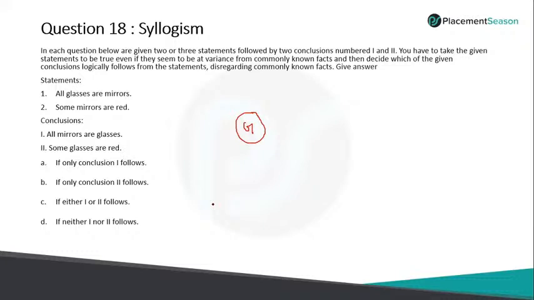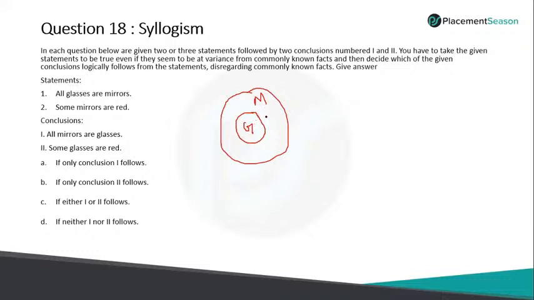Just simply draw the Venn diagram as all glasses are mirrors. So all glasses are inside the mirrors. All mirrors can be glasses, may be glasses, may not be, right? Which is not true, because it should be definitely true in that case. So it is not true, so I've drawn it like this.